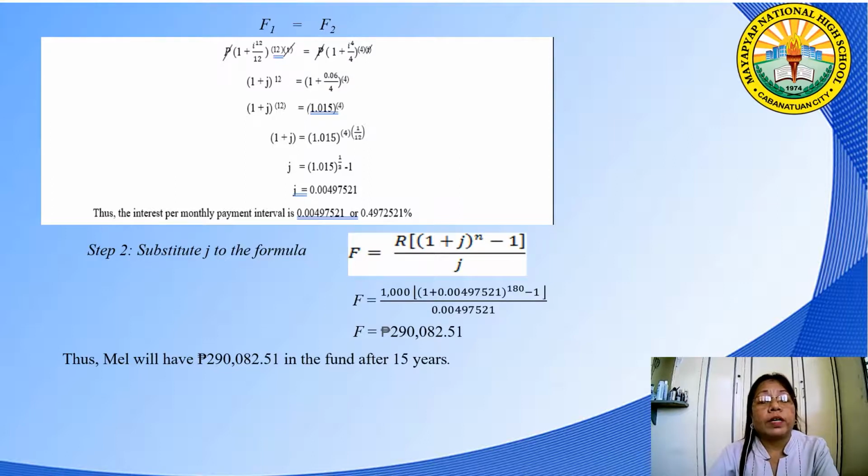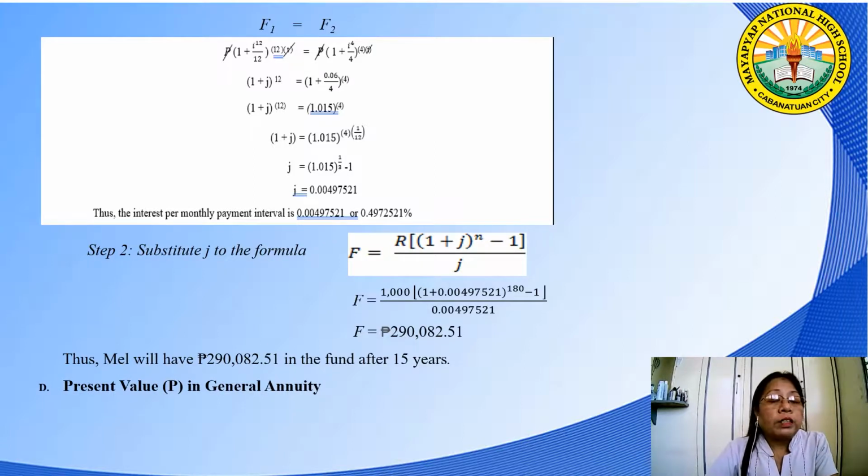And to get the present value P in general annuity, our formula is P equals R times 1 minus quantity 1 plus J raised to negative N all over J. So you just substitute the values in the formula.